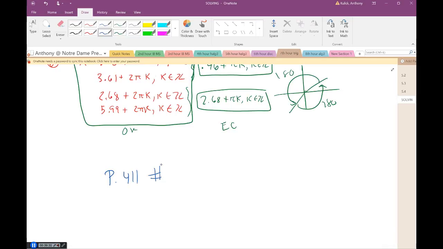Let's do 63 to 68 right now. Those are all relatively easy. They say all solutions for those, but they don't tell you whether they want them in degrees or radians. So let's do the odds as degrees and the evens as radians.